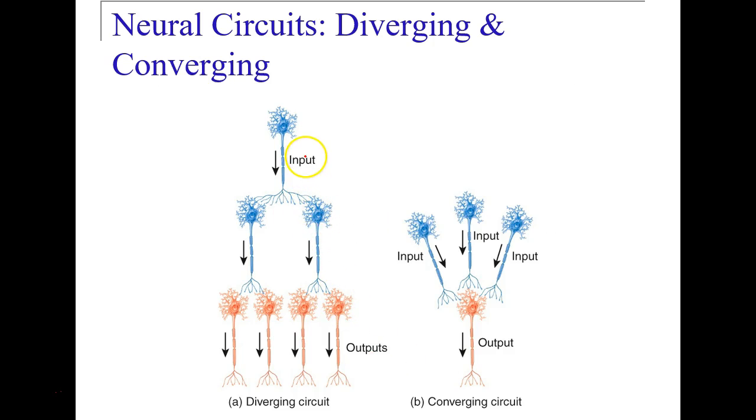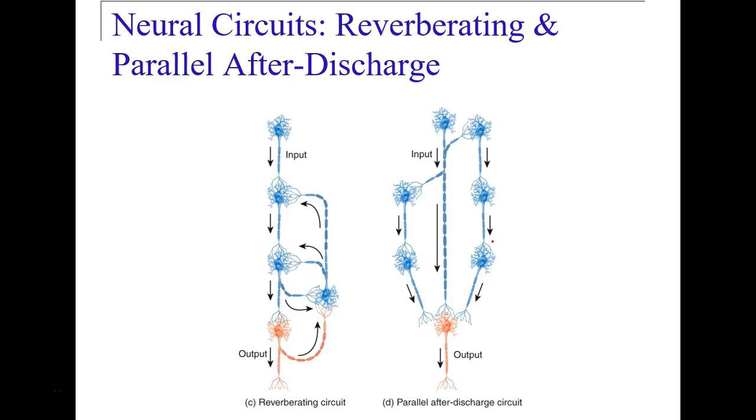So diverging, we are splitting the signal to spread that signal. Converging, we are condensing the signal. Reverberating, so we have connections into the main neuron that we're trying to reach, but we have a branch that says, why don't we keep this going?